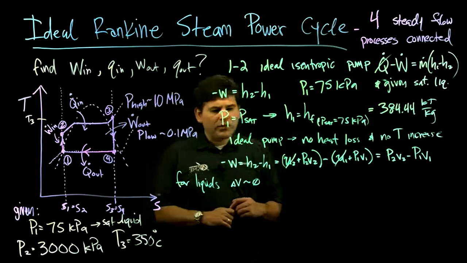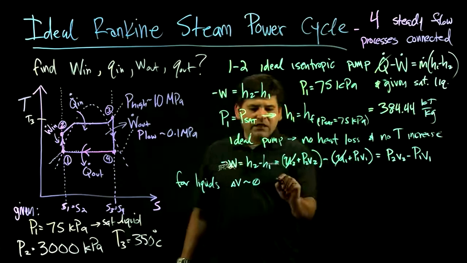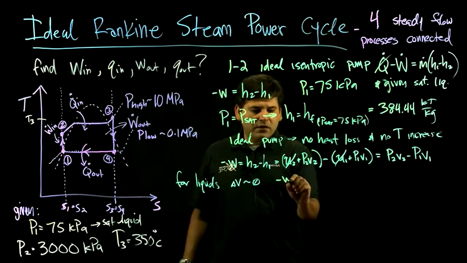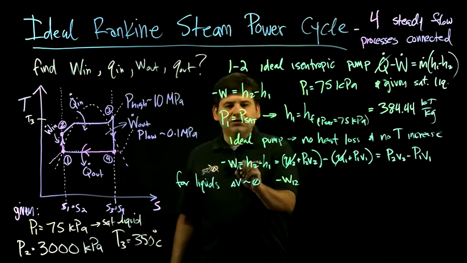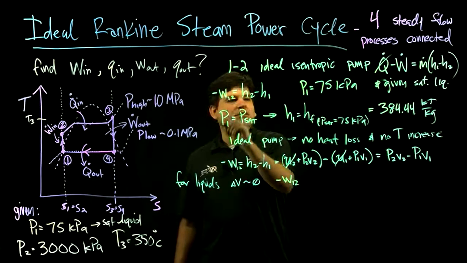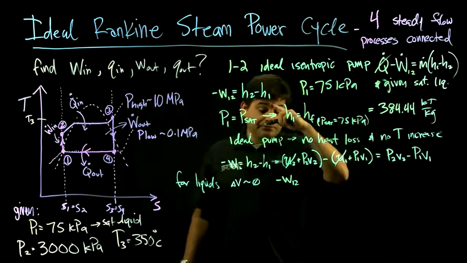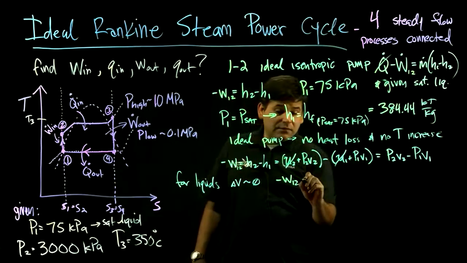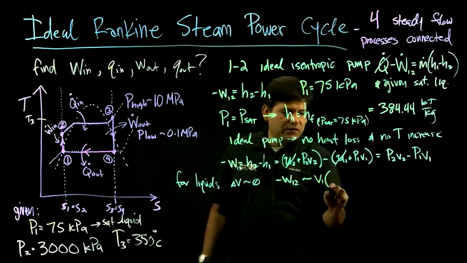So applying this, we can say that the negative work from 1 to 2 is a good estimate to say that this would be some V, let's call it V1 because we know state 1.